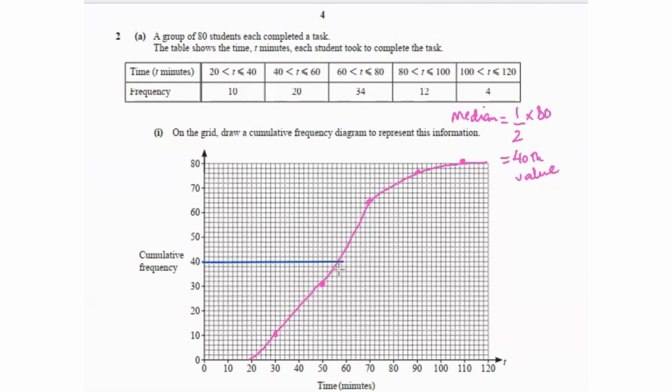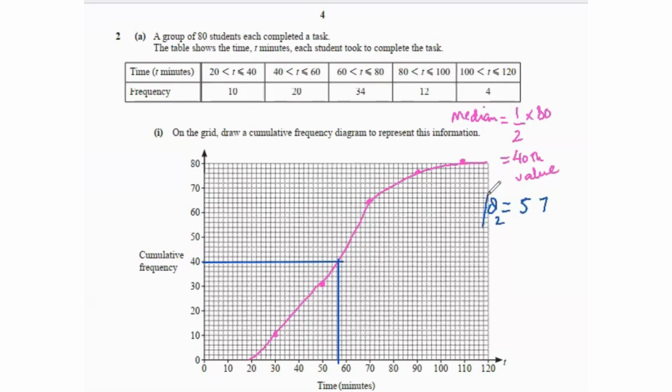That's approximately 52, 54, 56, 57 actually. According to my graph, I'm getting 57. So your median value is 57.